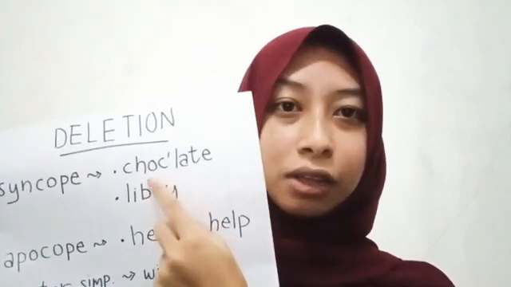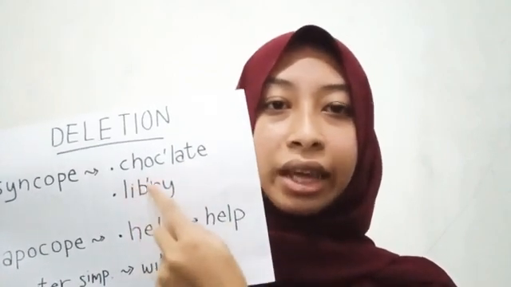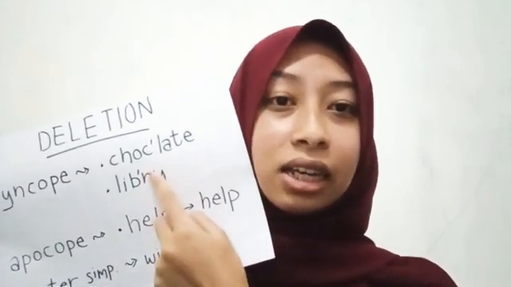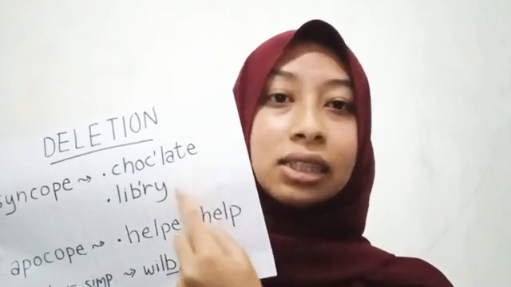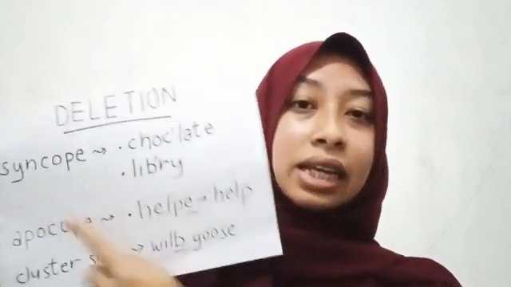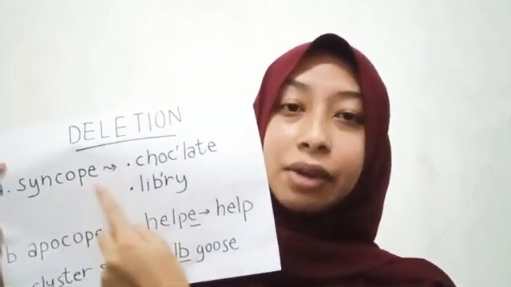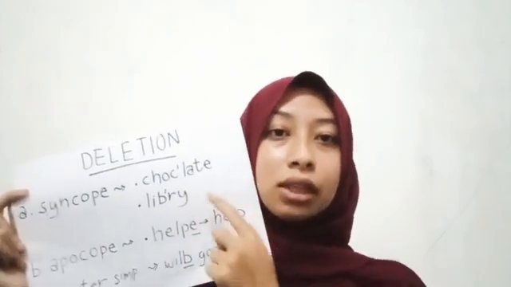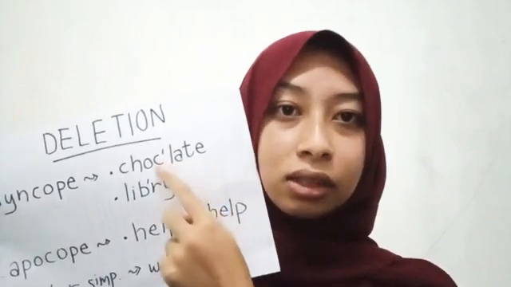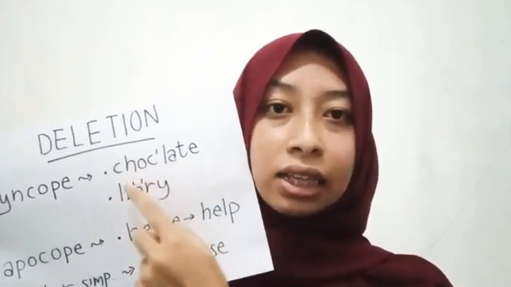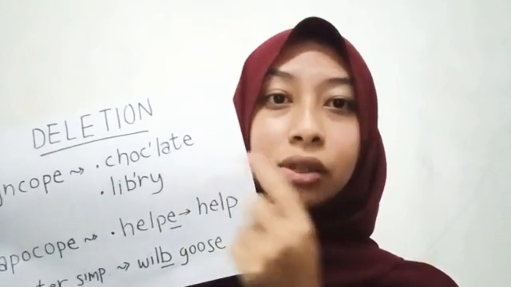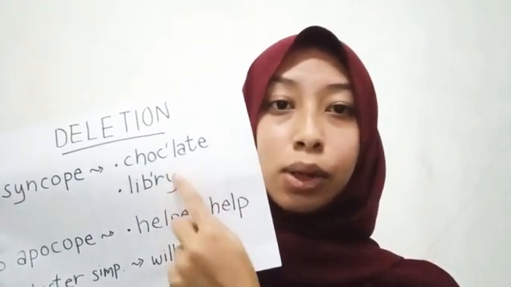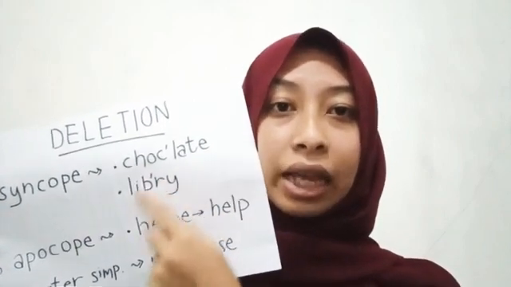We have chocolate and library. We know they are actually chocolate and library, but as explained before, this is deletion of the vowel. We omit the O from chocolate, so it is pronounced choc-lit, and the A from library, so it is pronounced lib-ry.